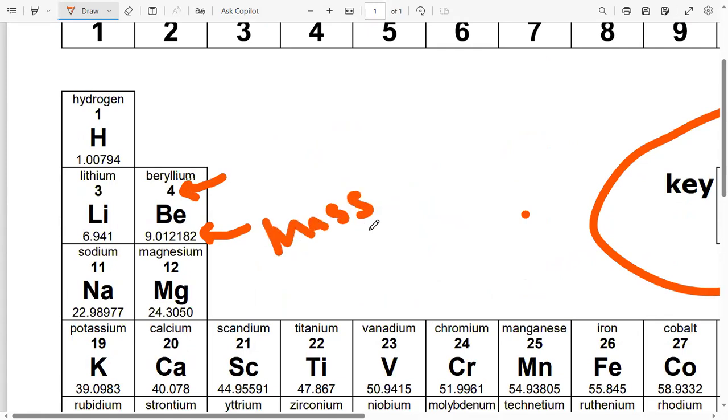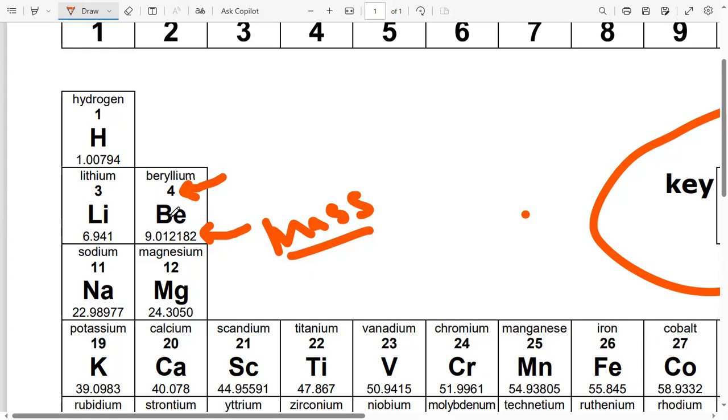So this mass number that is shown on the periodic table is the average of all the isotopes for this element here, okay? So this element, beryllium, will have isotopes. It can have 2, it can have 3, it can have 4, whatever the number of isotopes that it has.